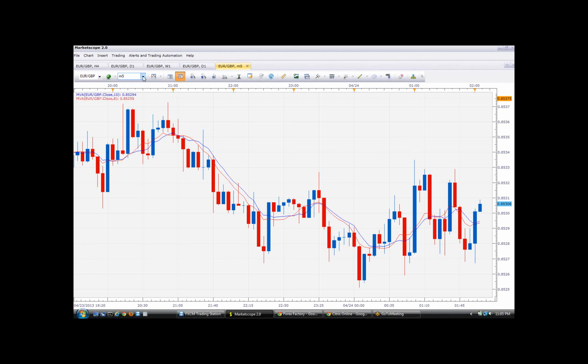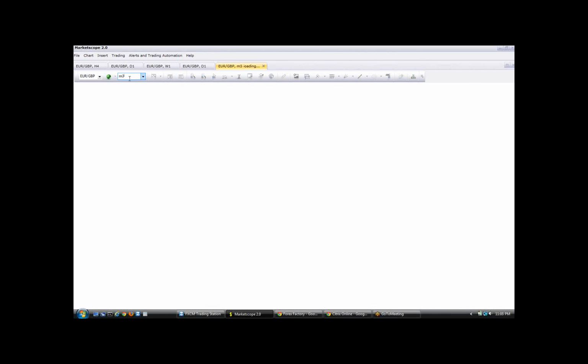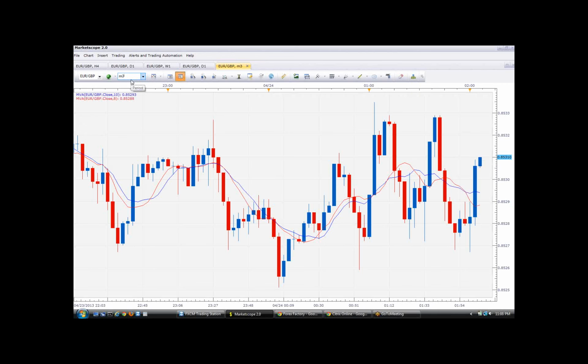Yep, there you go. Then type in M3 and press enter. There you go. Then we'll change to a 3 minute chart. You can also change that to M2 for 2 minutes or M4 for 4 minutes.